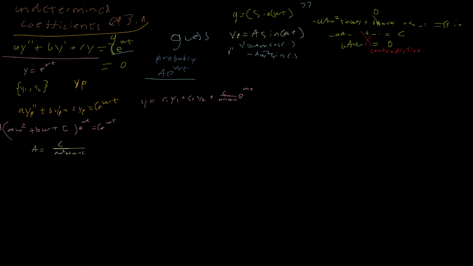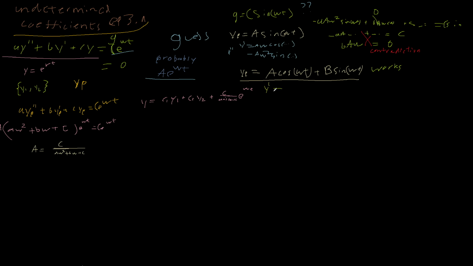So we need to make a guess that accounts for that cosine term, and that is going to look something like A cosine omega t plus B sine omega t. So that becomes our guess. If you actually plug this in, you're going to find that this works.